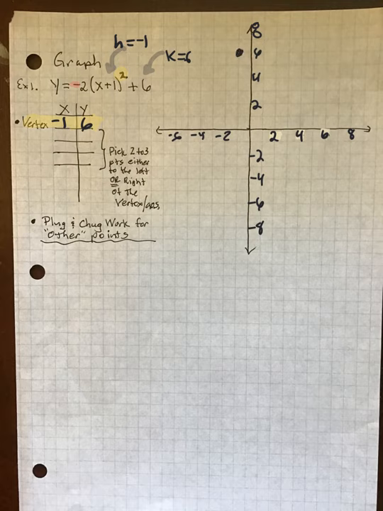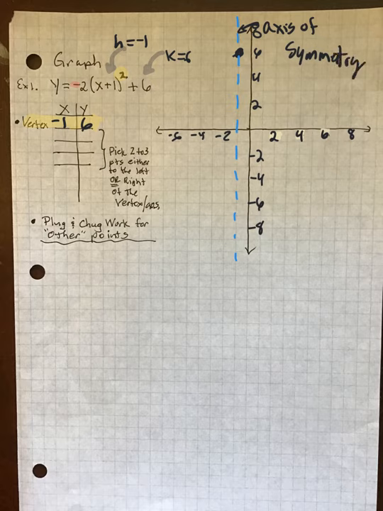So -1, 6 is there, and we know it's opening down, so we know it's going to go something like this, but we want to have a more accurate graph, so we can't just draw a sketch. Once we have 1 point, we now need to collect a few more points so we can get a more accurate graph. We want you to put the axis of symmetry. We're going to use a dashed line for the axis of symmetry. That's where the parabola would be folded. So let's write axis of symmetry. We get tired of writing all of those words.